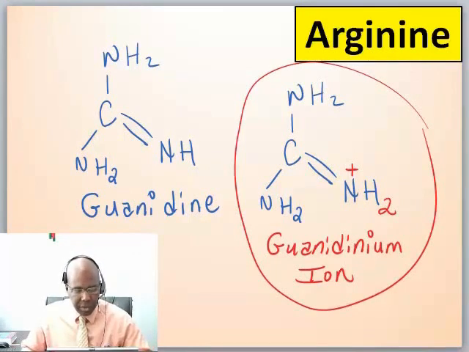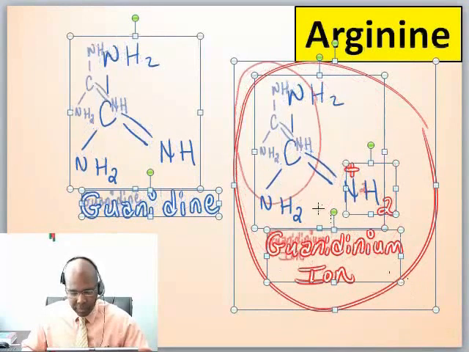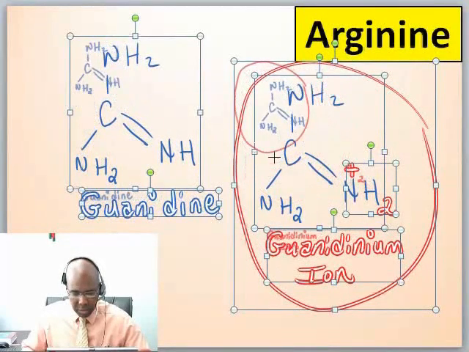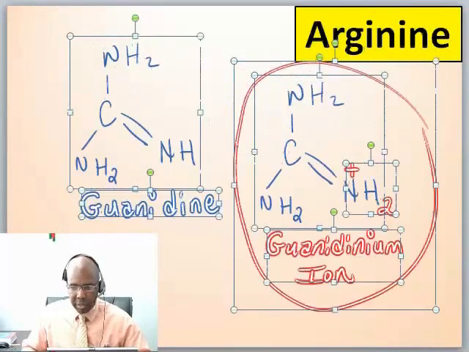So let's grab everything here. Let's make all of this smaller. So we need that guanidinium ion. Maybe we need to group it first.